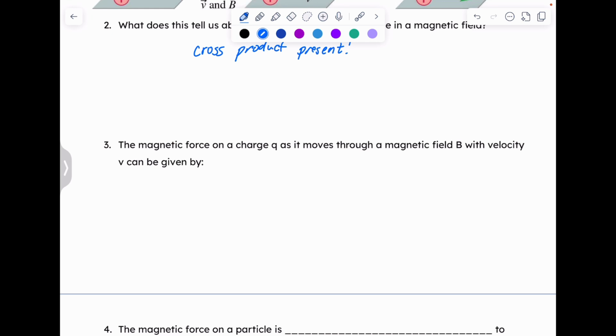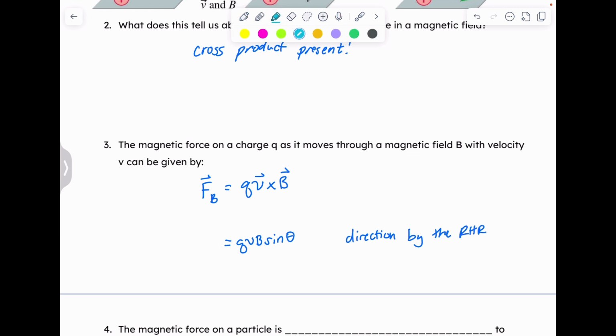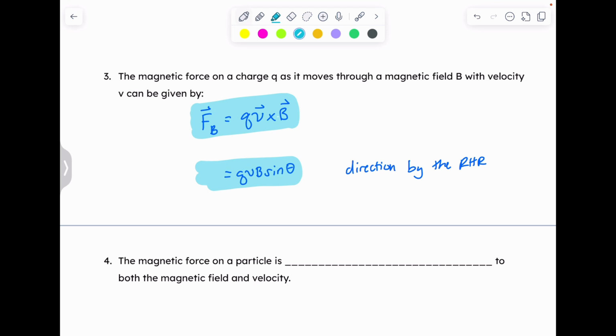So the magnetic force on a charge Q, as it moves through a magnetic field B with velocity V, we're going to get QV cross B, or QVB sine theta. And then you get the direction by the right-hand rule. That theta is the angle between V and B.